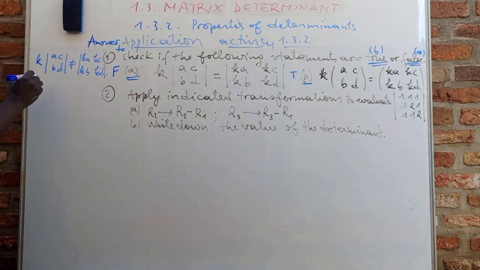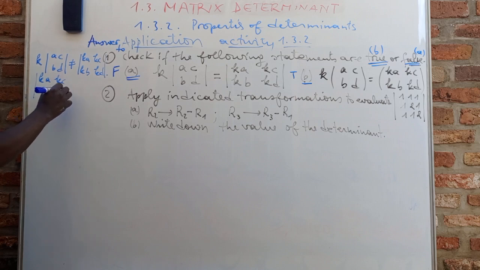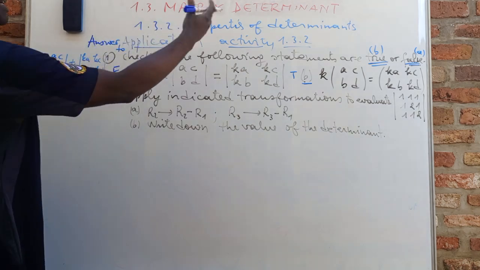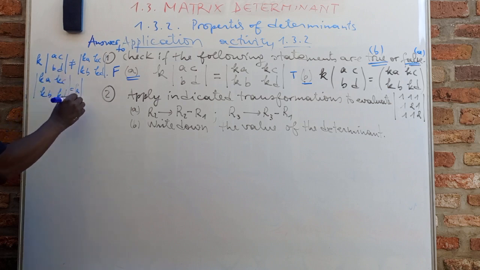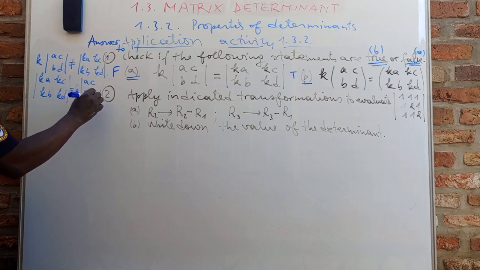Why? Because of the bilinearity property of the determinant, it is linear in each row as well as in each column. Let us consider the first row. k is a multiple of the first row, so I can factor it out and get k times the determinant of a, c, kb, kd.